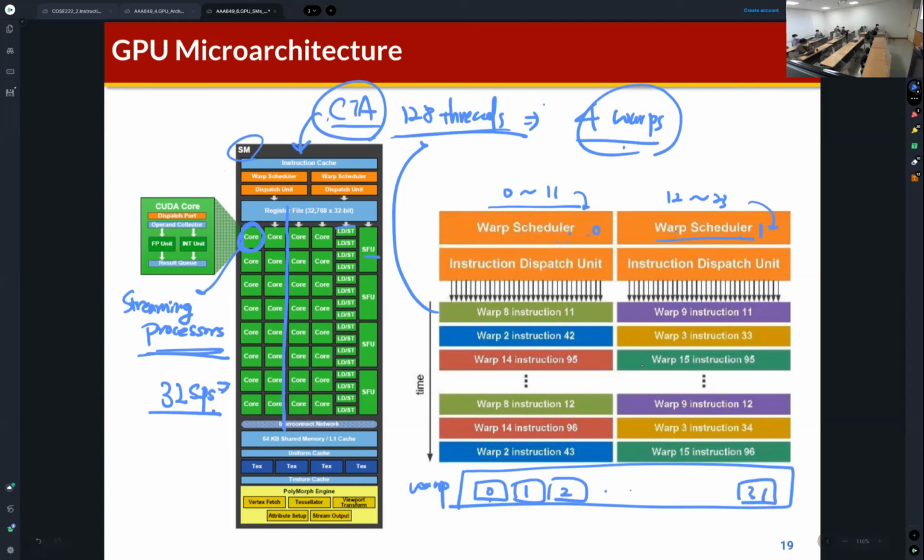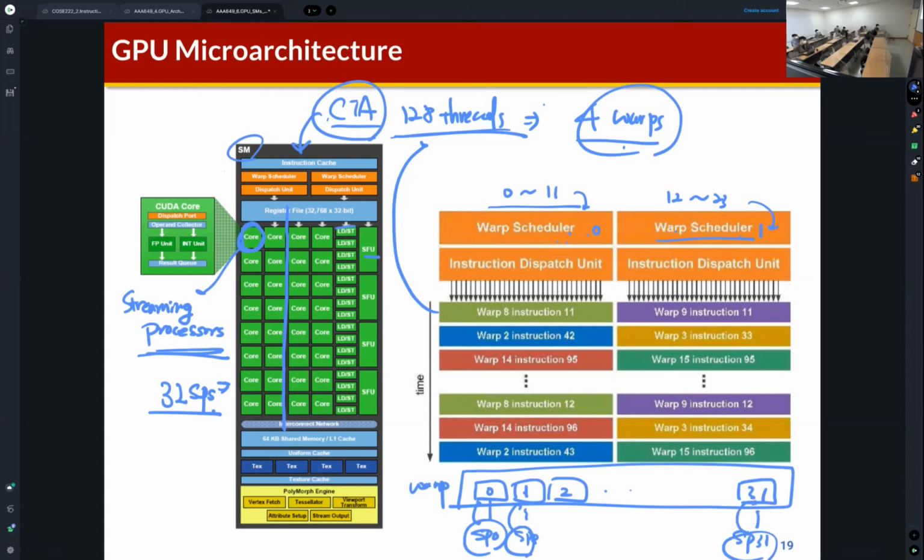And then SP number 0 is connected to thread number 0 of the warp. And also SP number 1 is connected to thread number 1 in the warp. SP number 31 is connected to thread number 31.